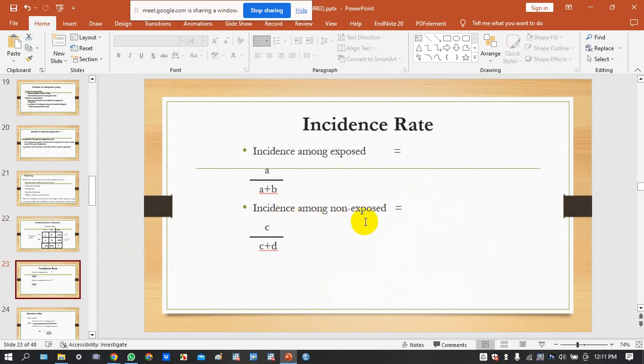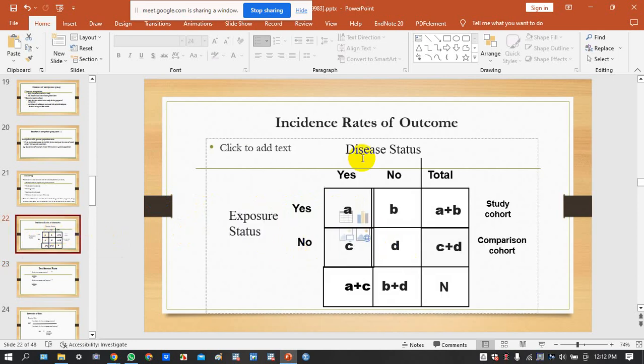The incidence among unexposed are those without the exposure, the risk factor, who develop the disease or not. So C does not have the exposure. C over C plus D gives us the incidence among those who were not exposed.